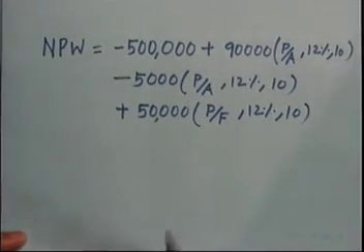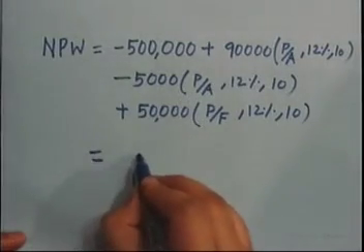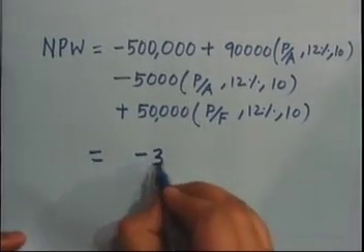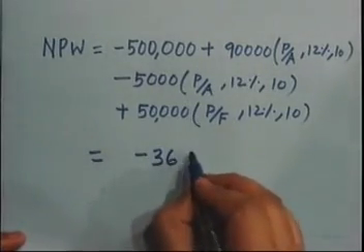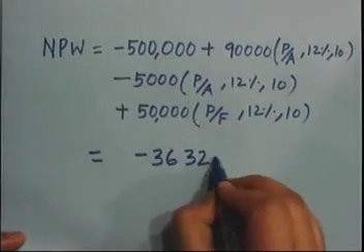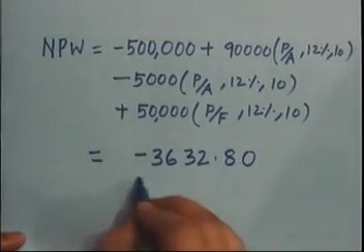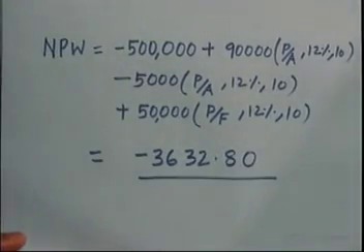I am getting a net present worth value equal to minus 3,632.80. Now, what will happen to my decision? It will be reversed. Now, you will not recommend this acquisition of asset. You will say reject it.